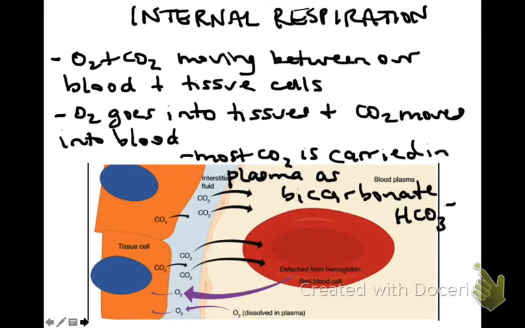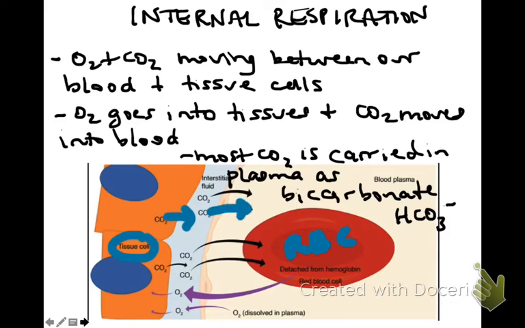So if you take a look at the picture, remember this is a tissue cell over here, and this is the red blood cell over here. The CO2 is going to be moving from our cells. Our cells are constantly making CO2 as a byproduct, but it's toxic, so we have to get rid of it. So it's going to be moving out of the tissue cells and into the plasma in the bloodstream.